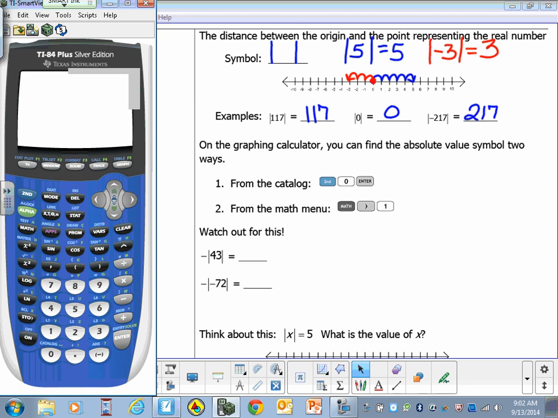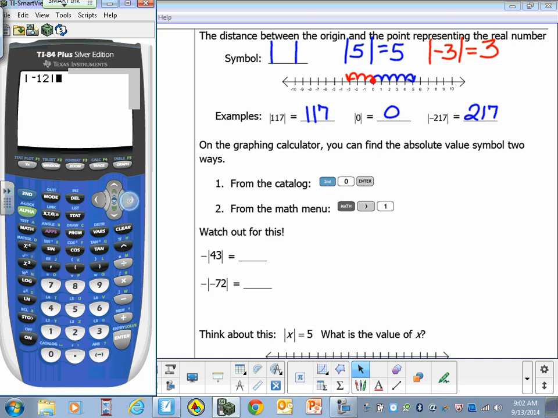First, from the catalog, we have to press the second key, which is in the upper left-hand corner of your calculator. And then the word catalog is above the 0. The very first option is ABS. That stands for absolute value. So I'll press enter. And let's say I want to find the absolute value of -12.